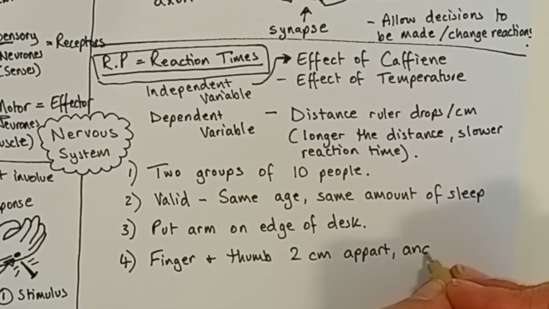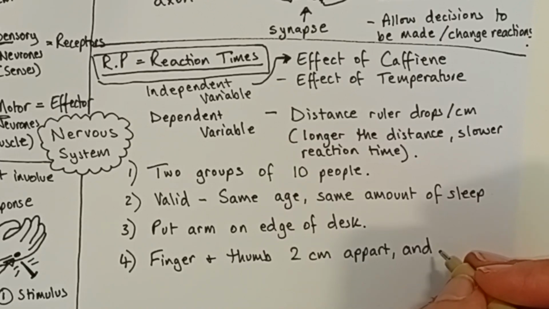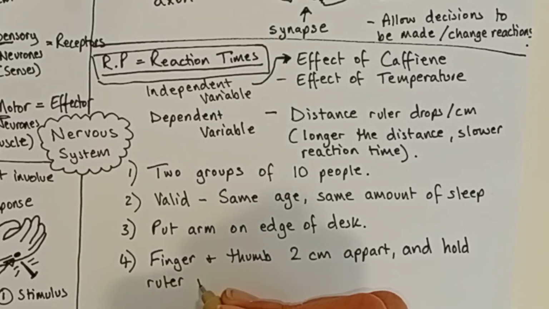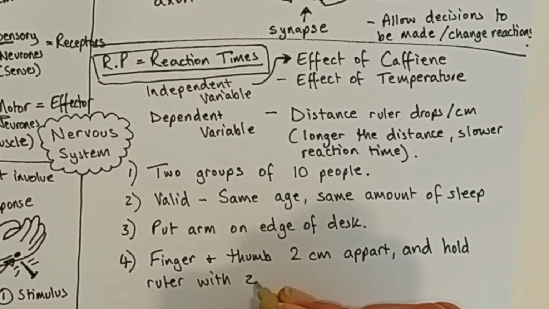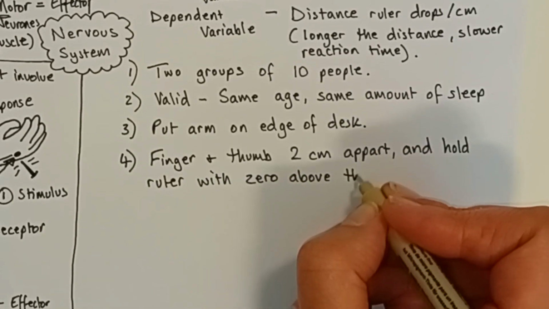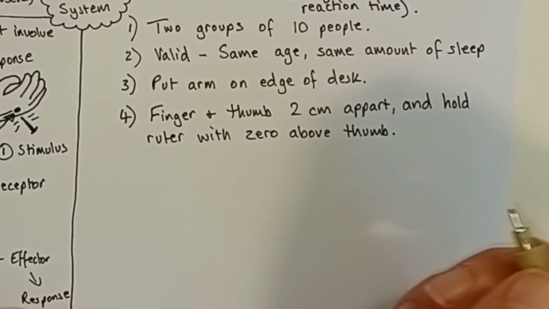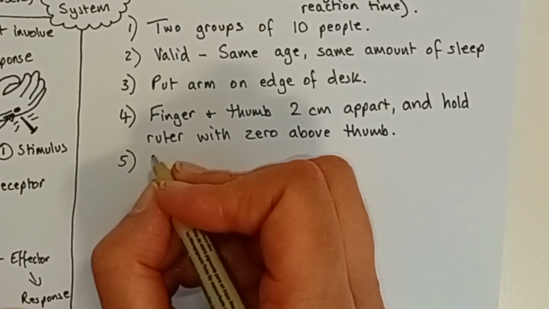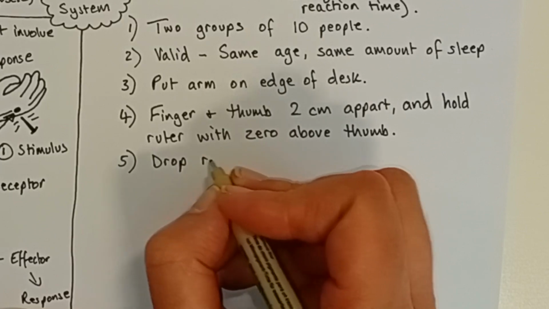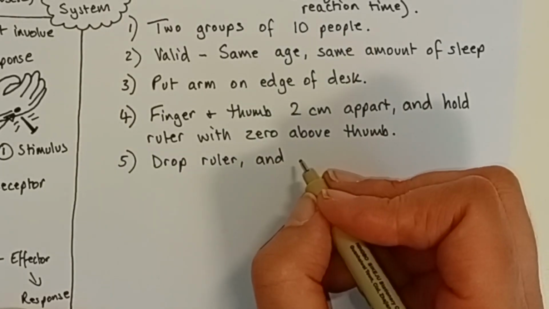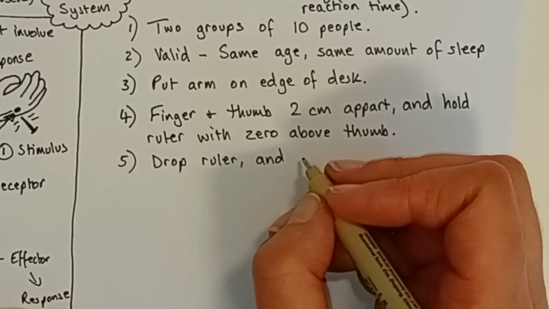And I'm going to hold the ruler with 0 just above the thumb. I'm then going to drop the ruler and record the distance it fell.